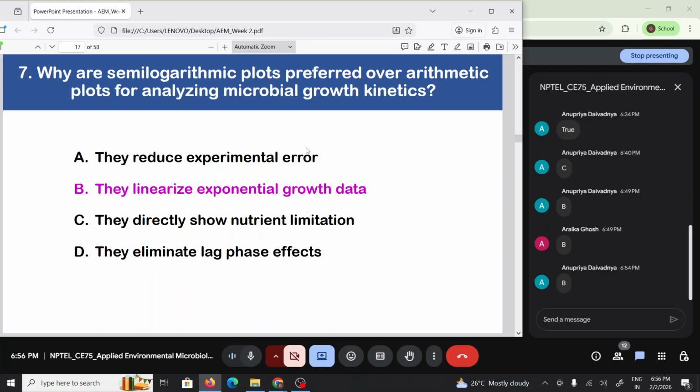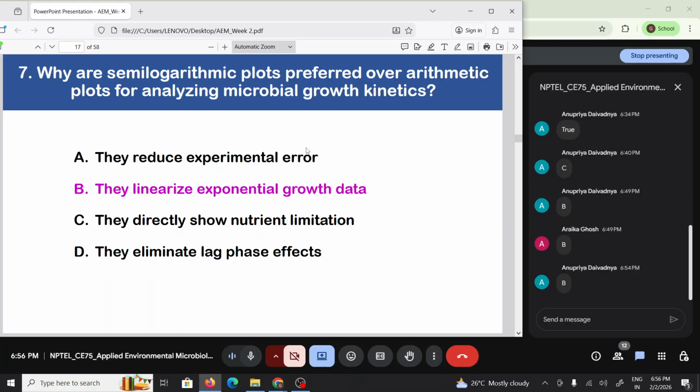And one more thing, manually plotting exponential growth data in an arithmetic plot is going to be very hectic, and deriving interpretation from that is also going to be very tedious. When you do a transformation like bringing it to a logarithmic scale, you can accommodate several orders of magnitude of growth in that graph itself.